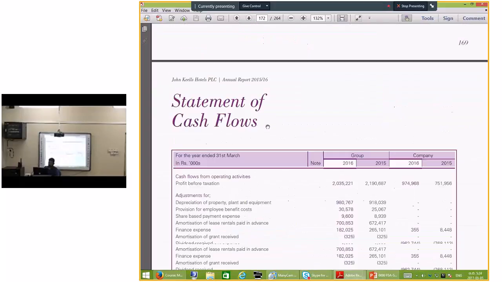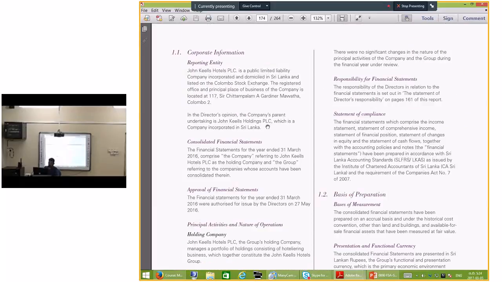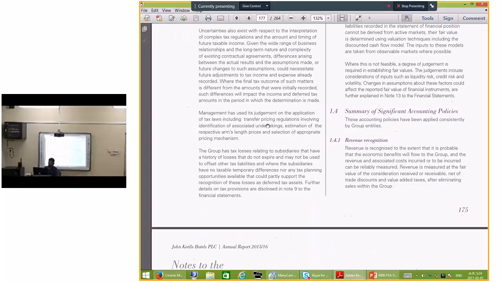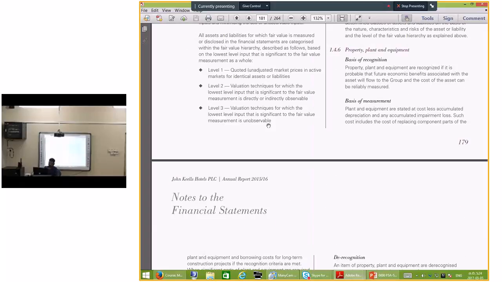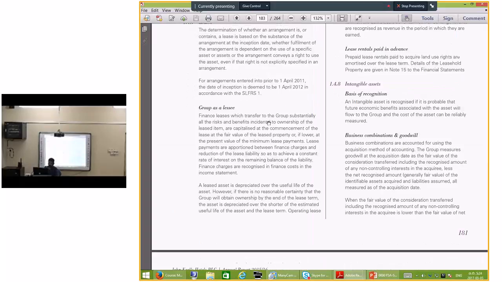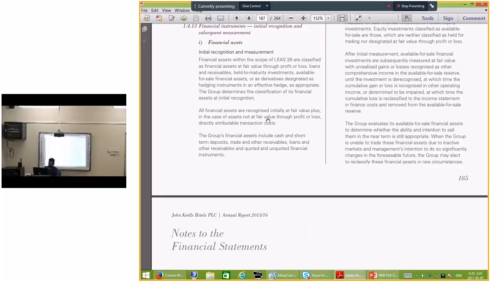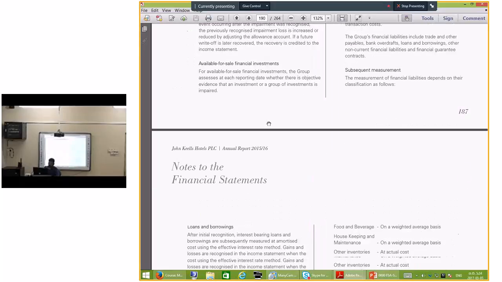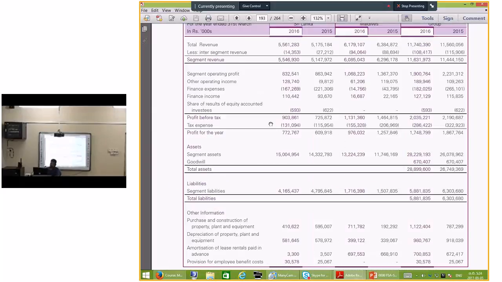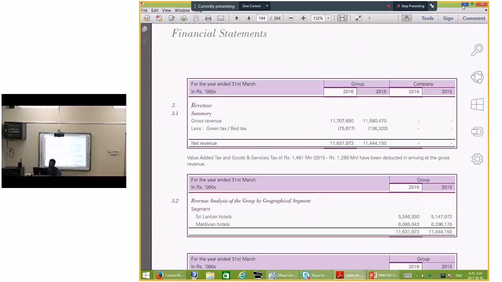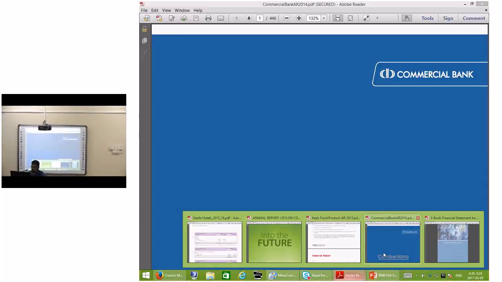These are the details, cash flow statement, and notes to the accounts, notes to the financial statements. Right. Now I think you have a clear idea about these annual reports.